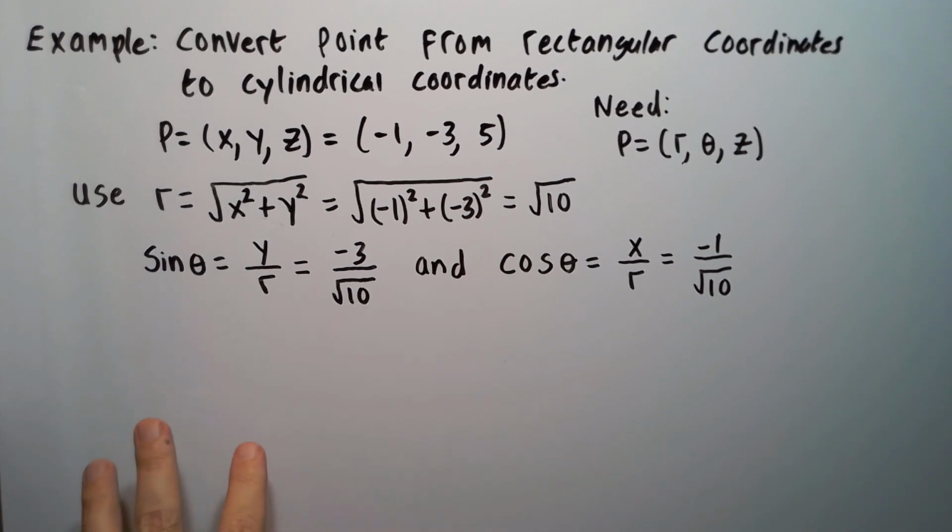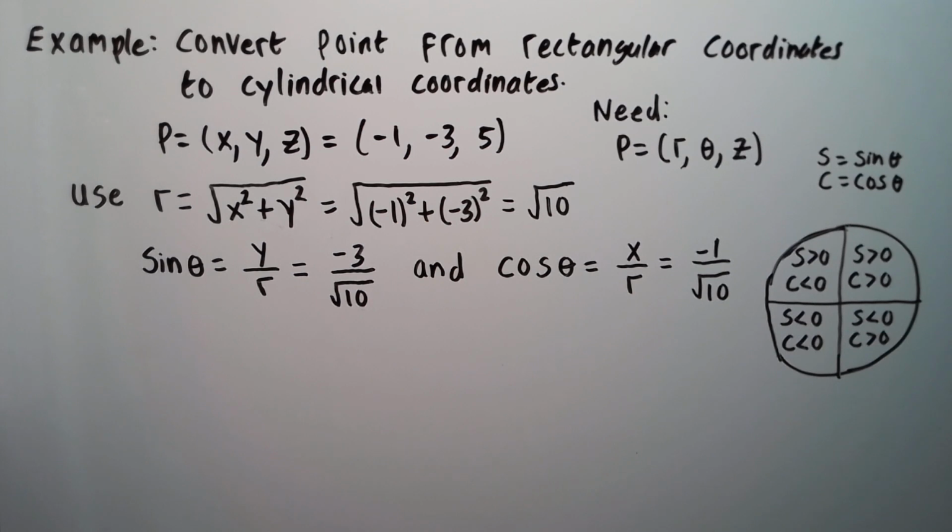Let me draw a unit circle to show you how I got this. I'm going to call S sine theta, C cosine theta. The points on a unit circle you can think of as cosine, sine, so the y part is the sine, the x part is the cosine.